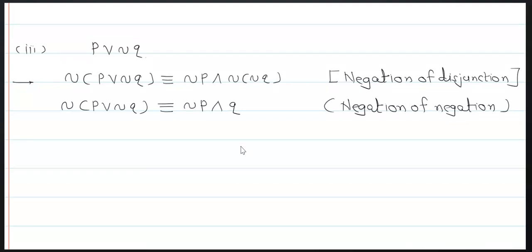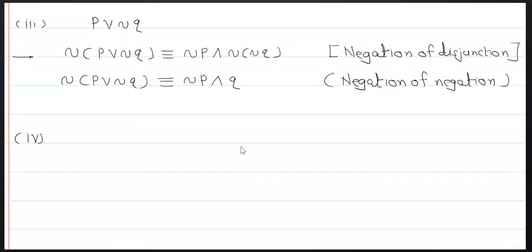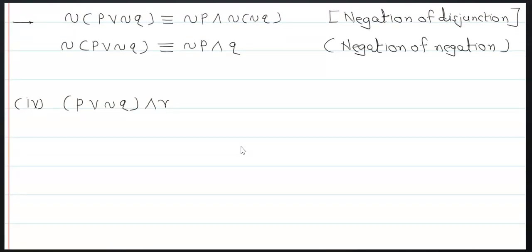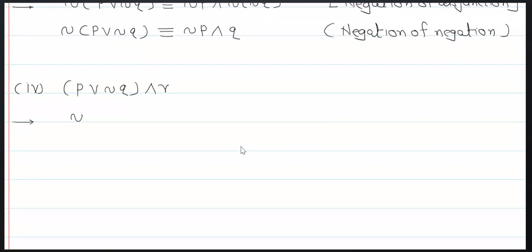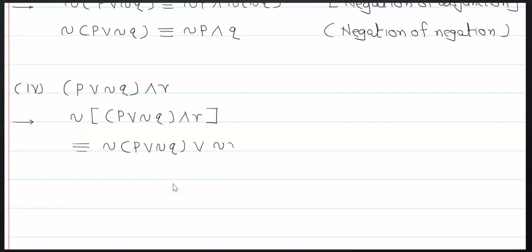Next is the fourth one: P or negation Q and R. Now their negation: negation of P or negation Q and R. Negation in bracket P or negation Q, or negation of R. That is the negation of conjunction.